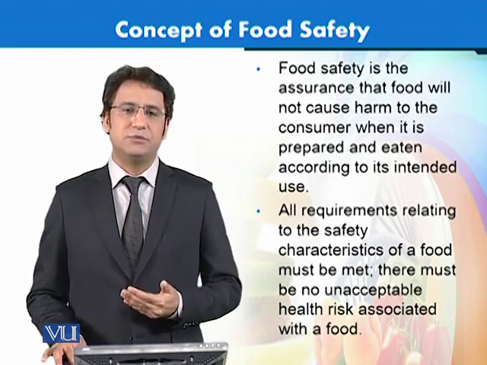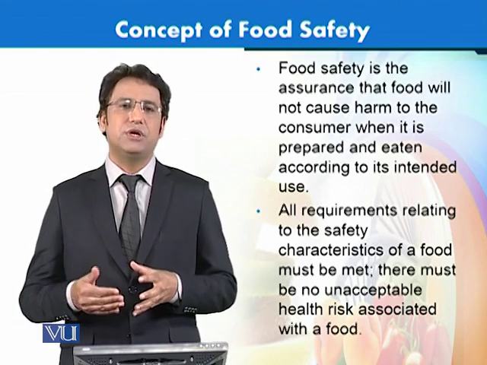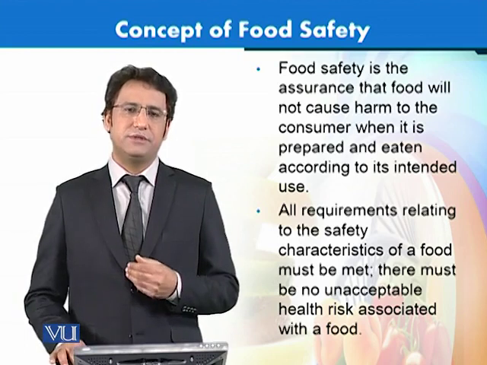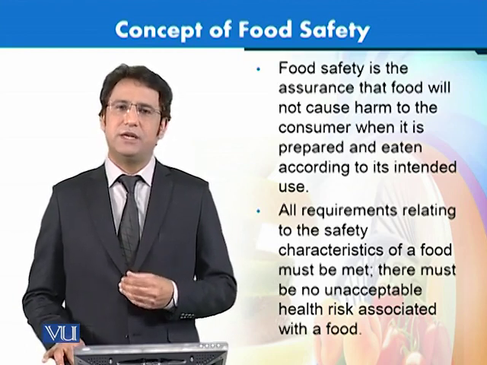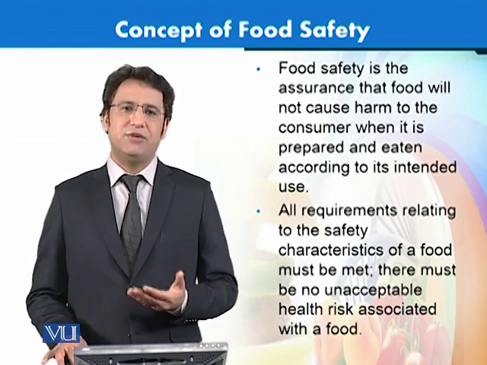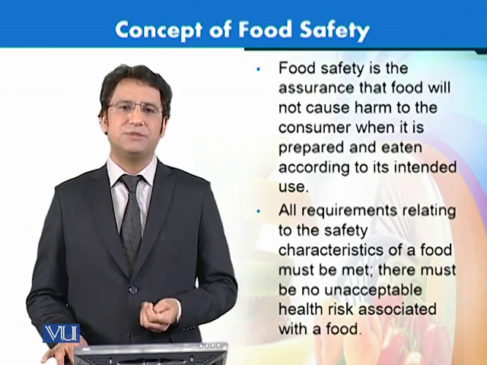And this is only possible when the conditions related to the safety of food are all met according to the specified standards that are laid down by government as well as by the producer themselves. They have to lay down certain conditions and parameters in which the food becomes safe.